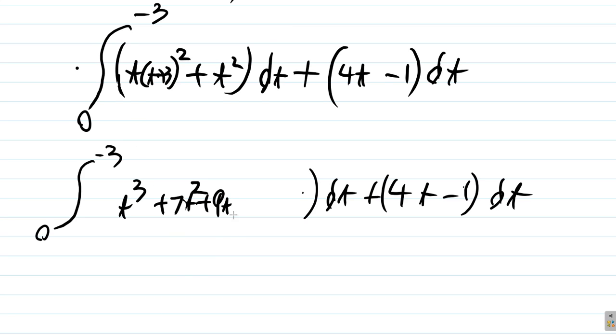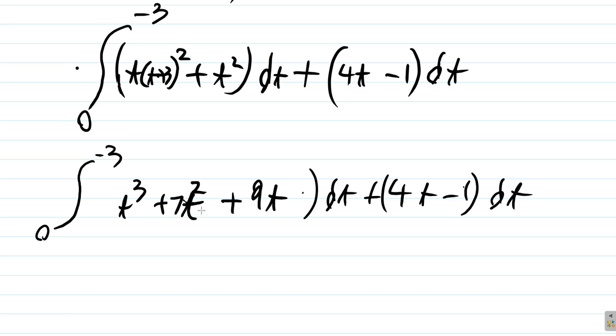Right, they're kind of bundled up together. Let me separate them. It says plus 9t, so I have 7t squared plus 9t. Alright, good.